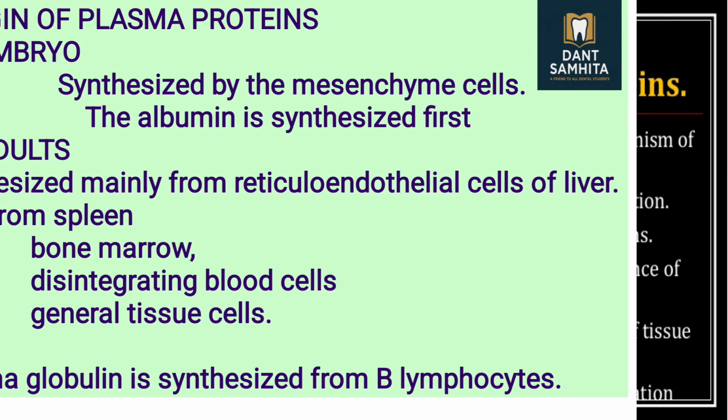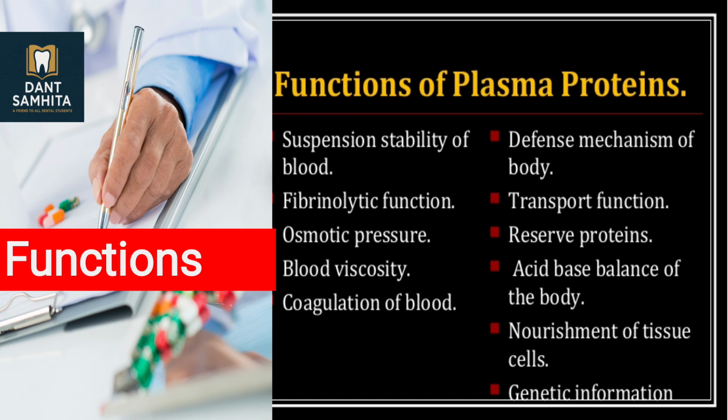Coming to the next slide, we will see the functions of these plasma proteins. The functions of the plasma protein are suspension stability of the blood, to maintain the fibrinolytic actions of the blood, to maintain the osmotic pressure so that the mineral depositions and the mineral absorptions become normal, to control the blood viscosity. Obviously the blood viscosity is very important for both oxygenation and to remove the carbon dioxide. Coagulation of the blood, the most important thing.